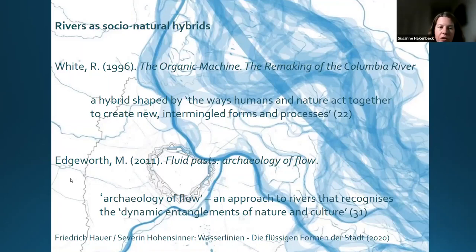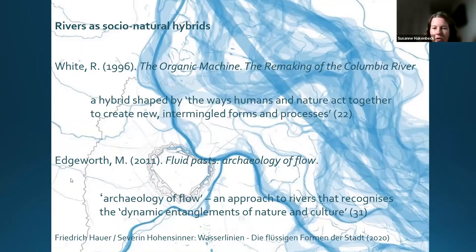And this is a concept that's been taken up by Matthew Edgeworth, who's an archaeologist who's written a book on the archaeology of flow. And he, quite similarly to White, speaks of an archaeology of flow as an approach to rivers that recognizes the dynamic entanglements of nature and culture.